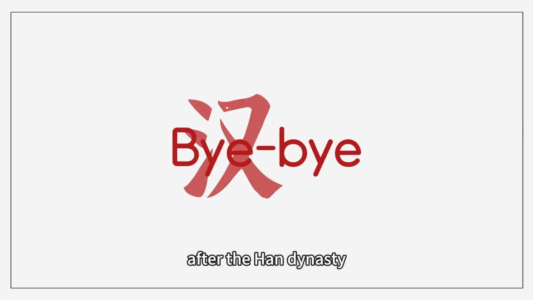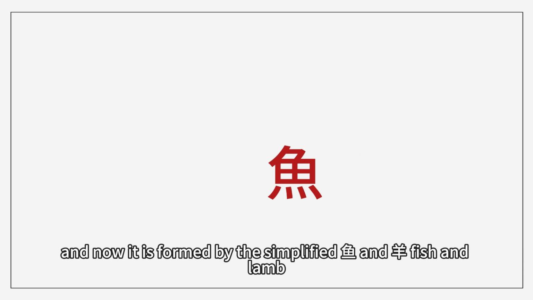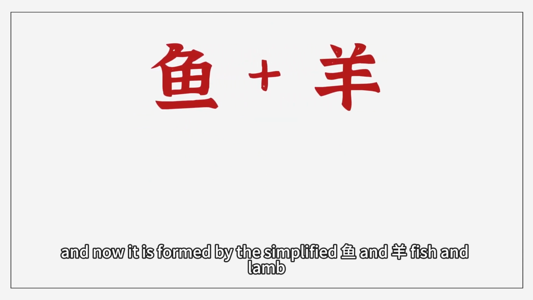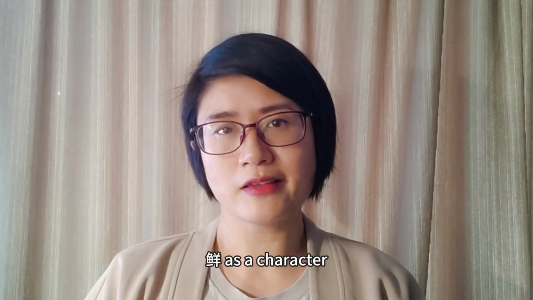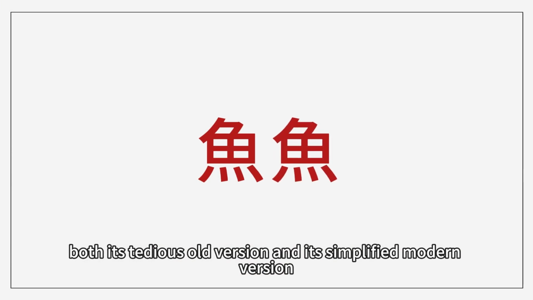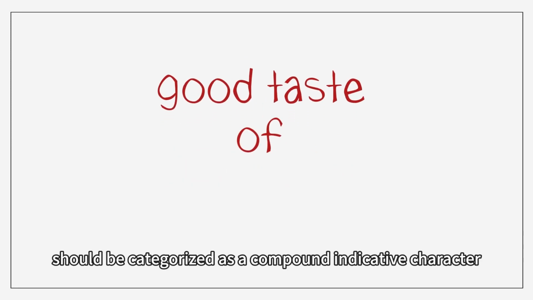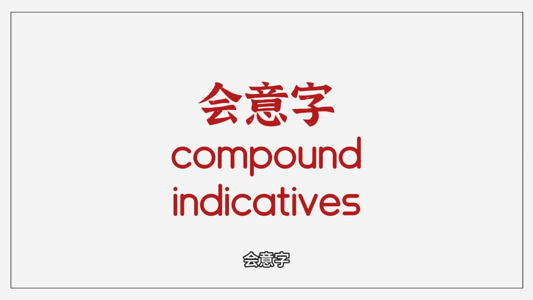After the Han Dynasty, the old form was simplified, and now it is formed by the simplified 鱼 and 羊, fish and lamb. 鲜 as a character, both its tedious old version and its simplified modern version, should be categorized as a compound indicative character, 会意字.